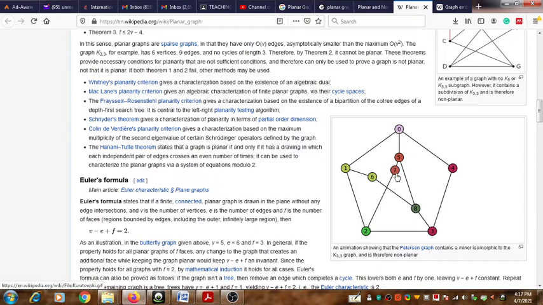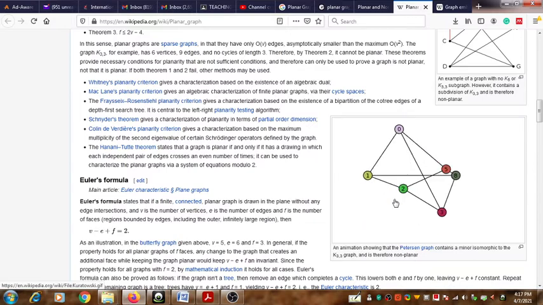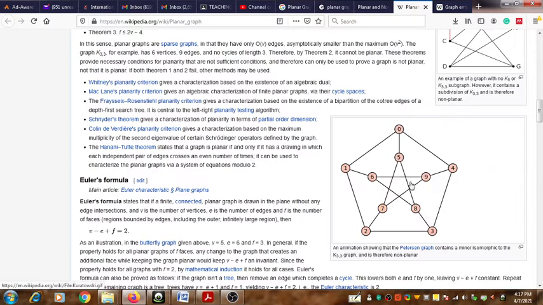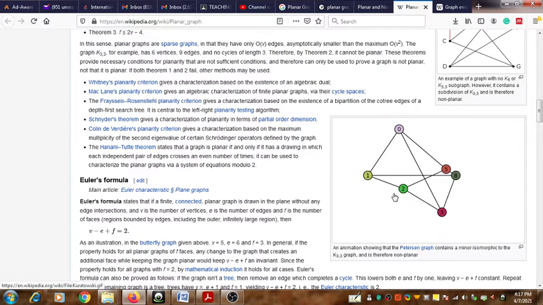Now this vertex is joined to that vertex here, then that vertex is joined, and this vertex is also joined to that. After that, we rearrange the position of the vertices, that means we are taking an isomorphic drawing of the final graph, and then we get a complete bipartite graph.